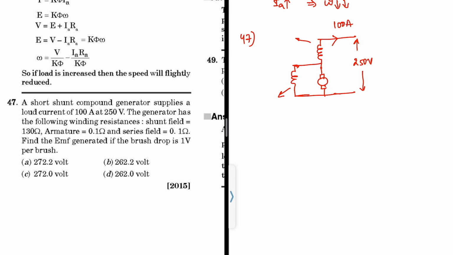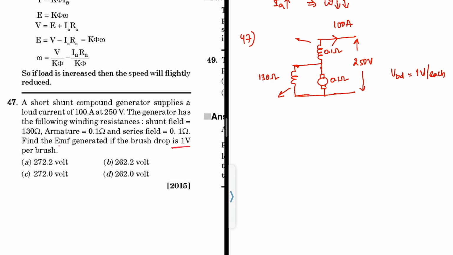They have given the shunt field winding as 130 ohm, armature resistance as 0.1 ohm, and series field as 0.1 ohm. The brush drop is 1 volt for each brush. There are two brushes, so the total drop will be 2 volt.